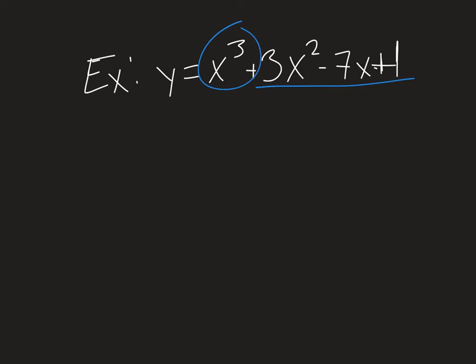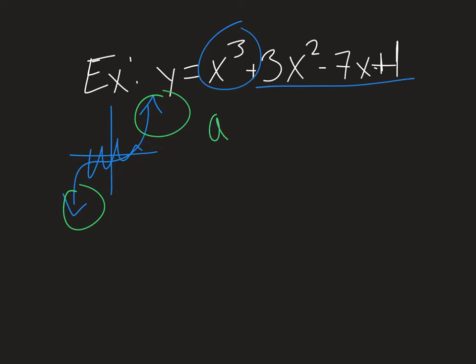So if we think about just x cubed, it's going to look like this. Now this one will look a little different in the middle, but we don't care about the middle. All we care about is what's happening at the ends. And eventually, those cubic tendencies are going to take over. So in this case, as x approaches positive infinity, y also approaches positive infinity, because we're looking at this half.